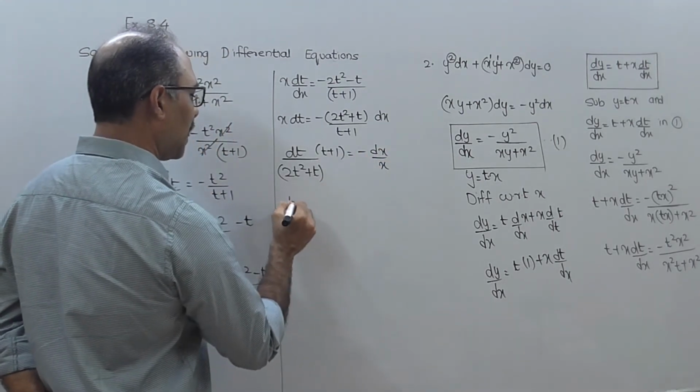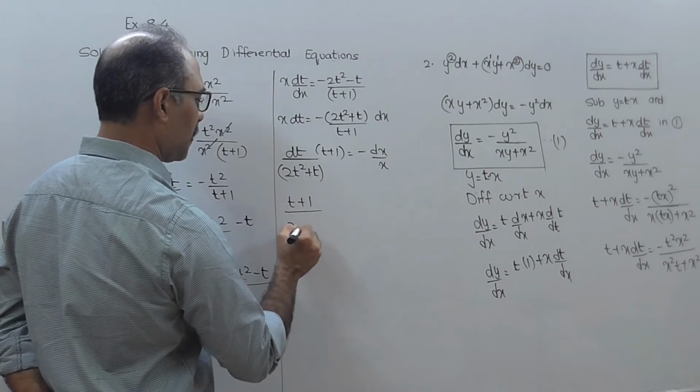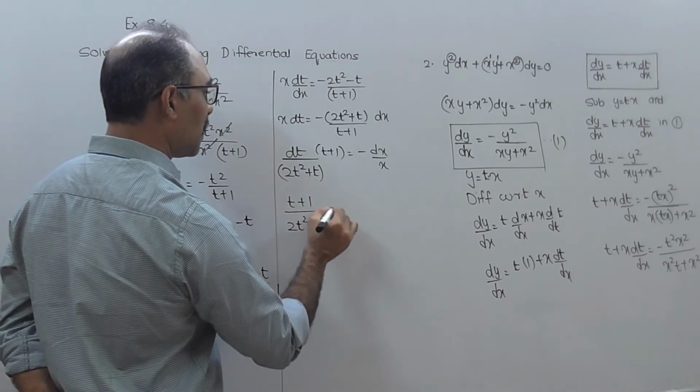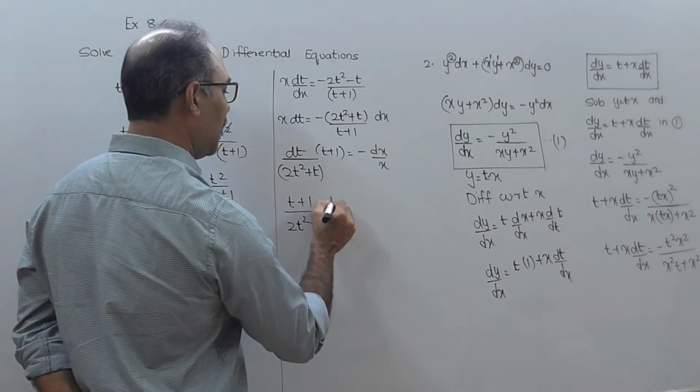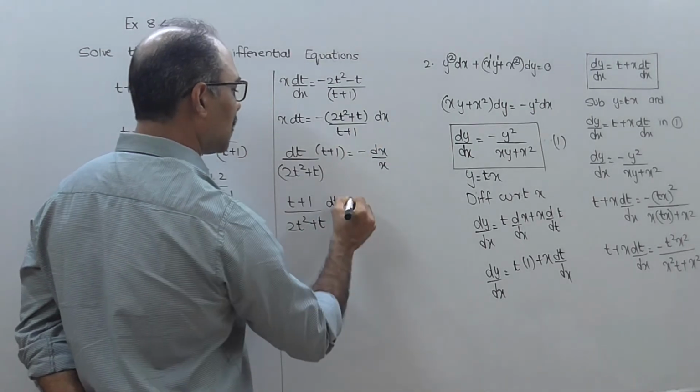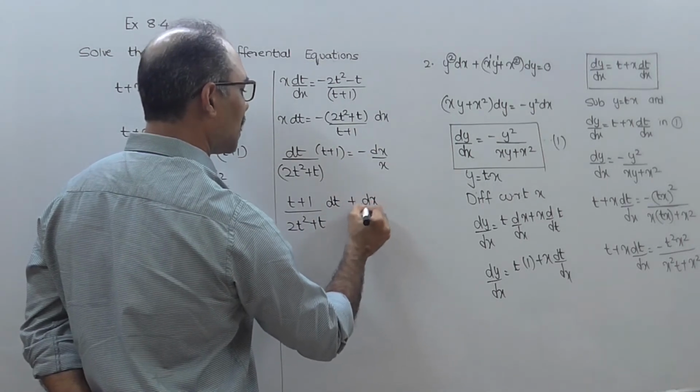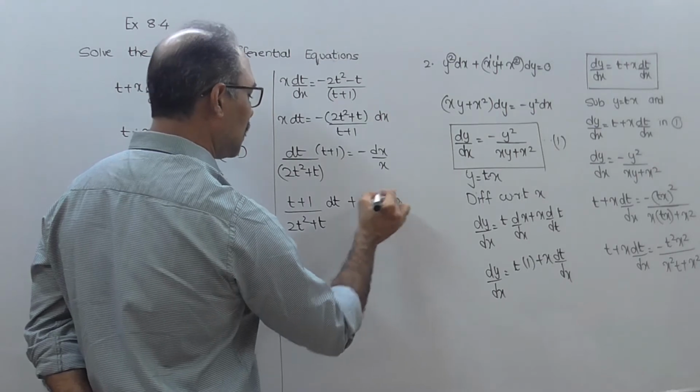So ultimately I get t plus 1 upon 2t square plus t dt, and getting the dx upon x to this side, it will become plus dx upon x and that is equal to 0.